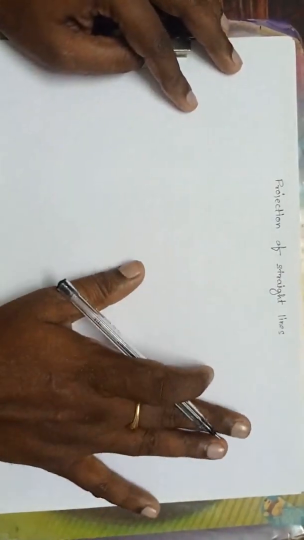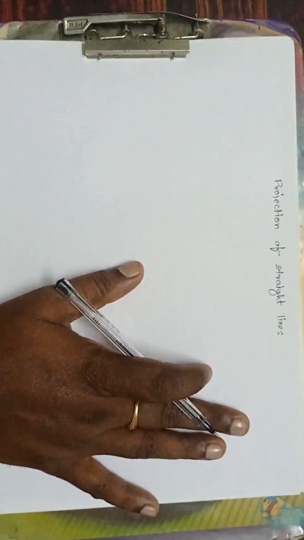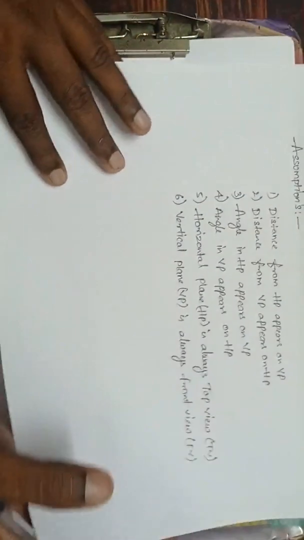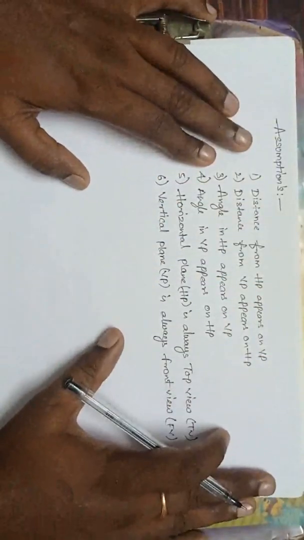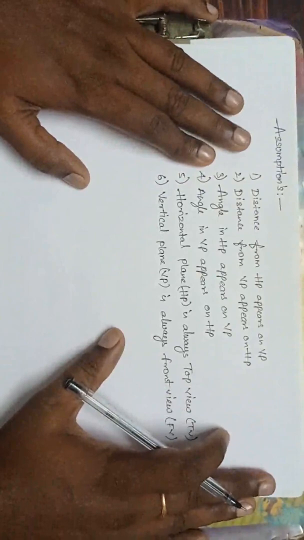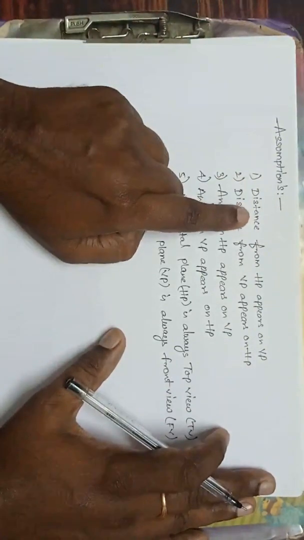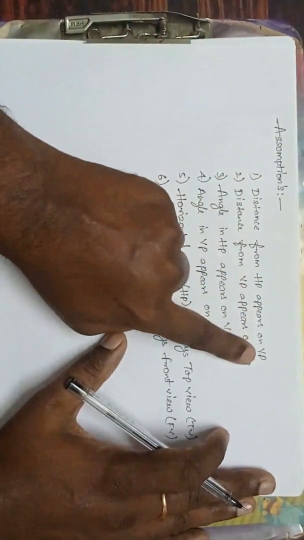Now, before going to the projection of straight lines, let me introduce some assumptions. We have to remember this. First thing is, we know that distance from the HP appears on the VP.